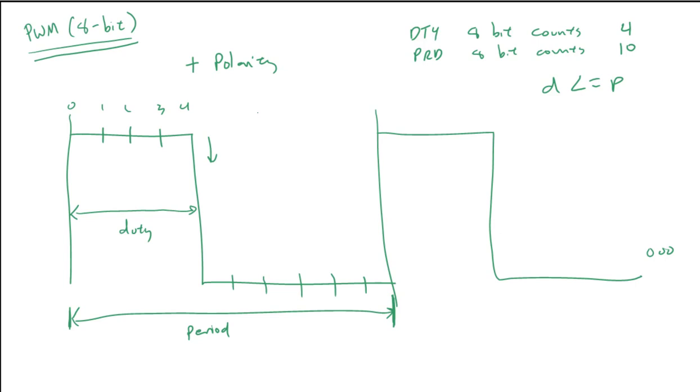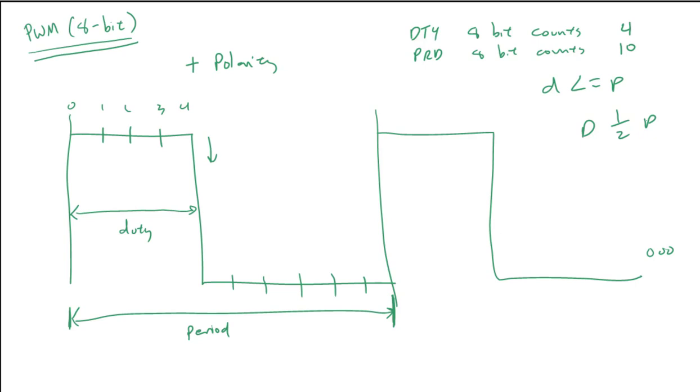This allows us to do things like make a 50% duty cycle square wave if I make my duty 1/2 of the period. So if my period was 10 and my duty was 5, it would make a nice perfect 50% duty square wave. Okay. The values you pick for period and duty are kind of dependent on what kind of problem you're solving.